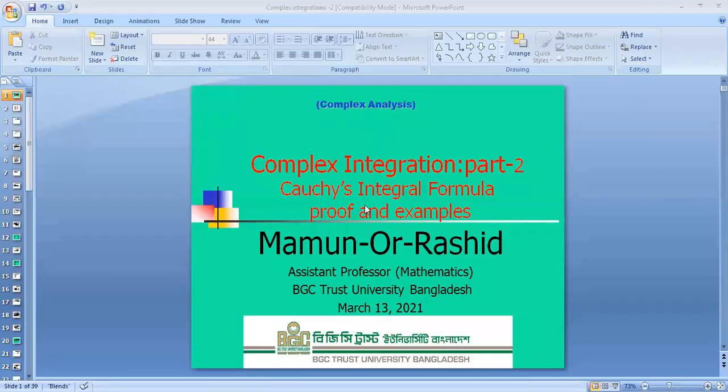From this lecture, we have learned more about complex integration part 2, especially Cauchy's integral formula, and we have proved Cauchy's integral formula with graphical depiction, and solved different kinds of examples using it.